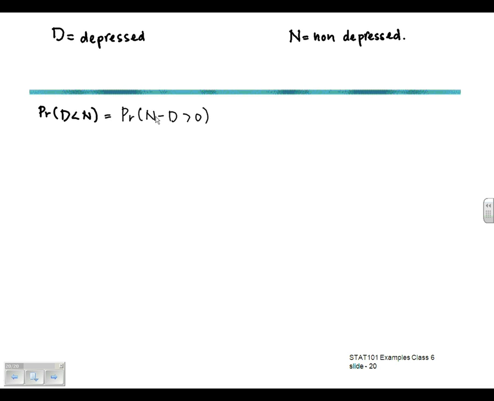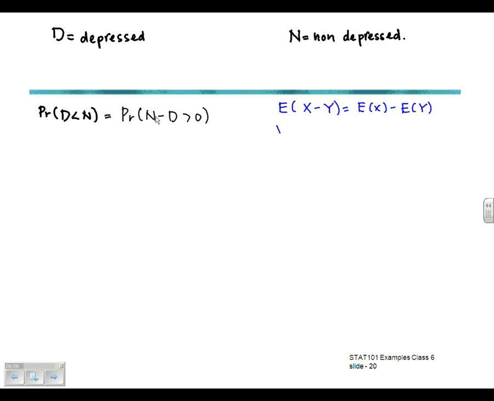So in order to be able to calculate this probability, we need to be able to find the difference in the random variables N and D. So we're going to use the formula here for the expected value and variance of the difference in two random variables. So remember the formulas that we're using here. The expected value of x minus y is equal to the expected value of x minus the expected value of y.